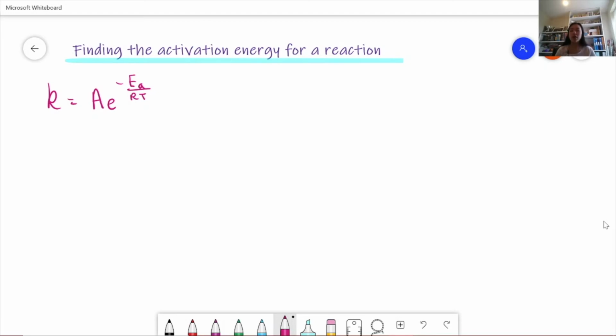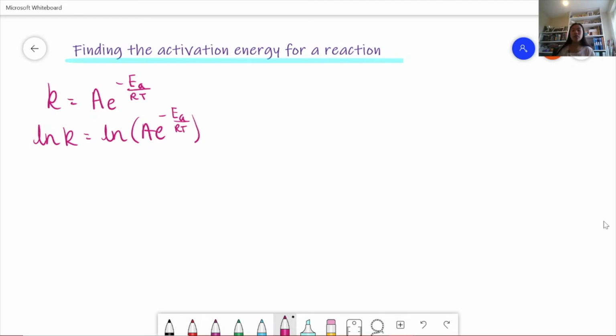So we start off with the Arrhenius equation, and then we can actually turn it into a different form, which can be more helpful for us. So if we take logs of both sides, we would get ln k, so we're taking natural logs, equals ln of A e to the power of minus Ea over RT.